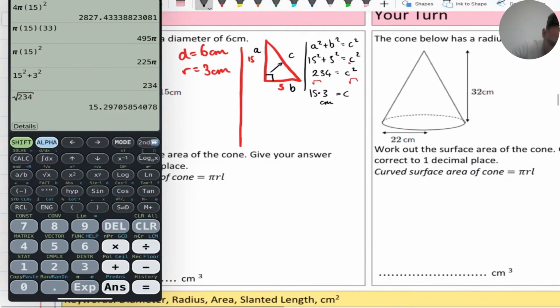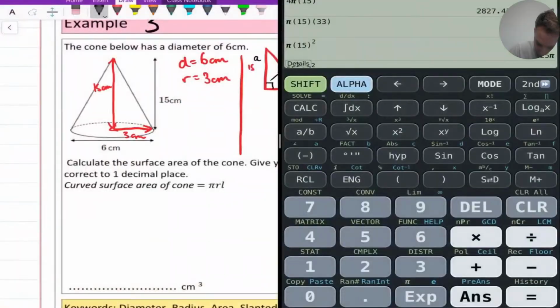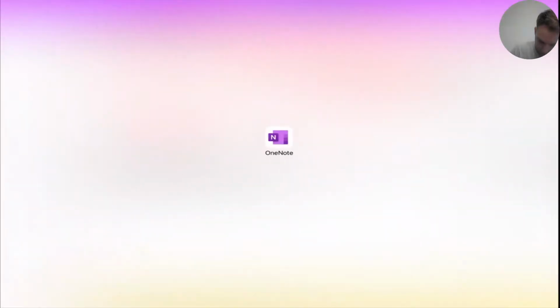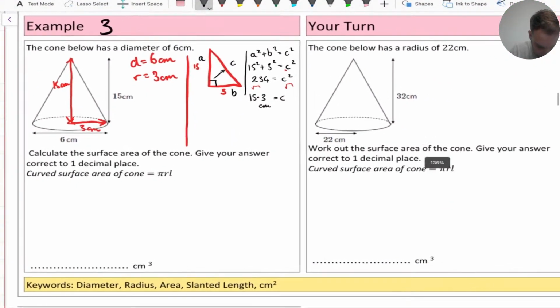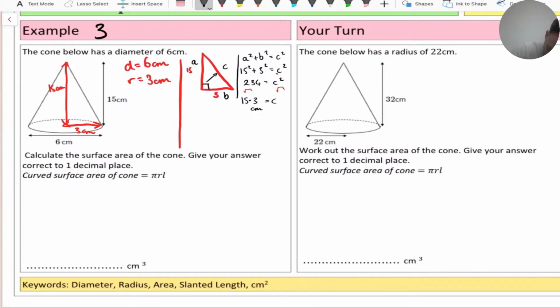We haven't actually got into this question now. All we've worked out there is the fact that we now know that diagonal length there is 15.3 centimetres. That's what we've worked out.